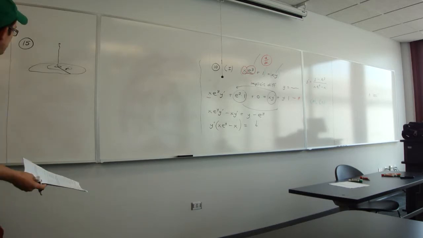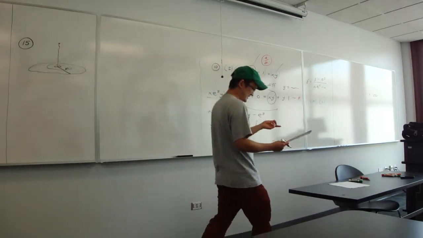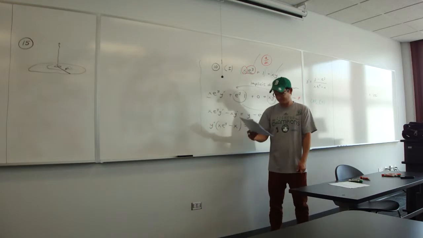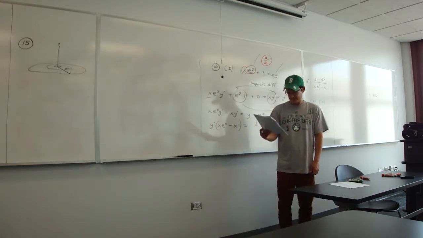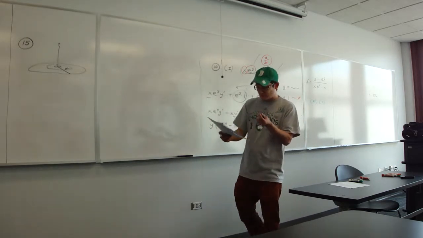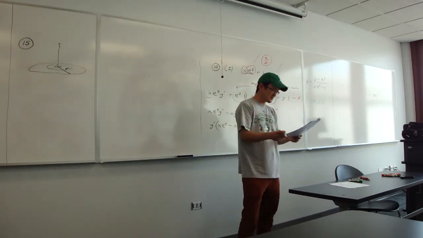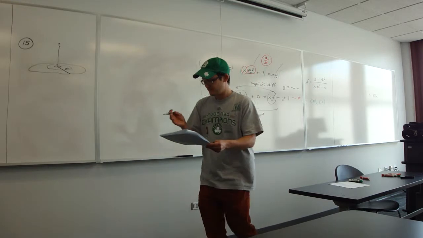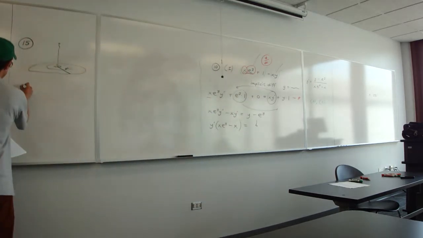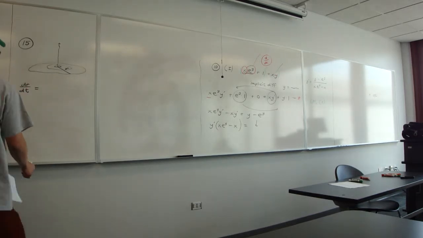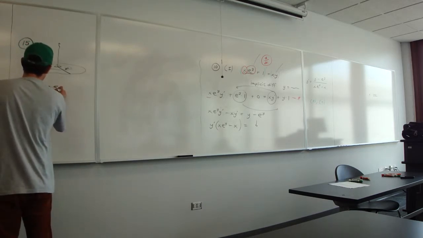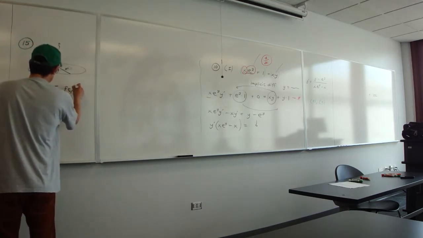And so they give you some data in this problem, and then they ask you a specific question. All right, so let's read this here. It says the radius of the outer ripple is increasing at a constant rate of 1/2 foot per second. So I'm going to write this down. This is dr dt. So this is the rate, right, at which the radius is changing with respect to time. So dr dt is 1/2 foot per second.